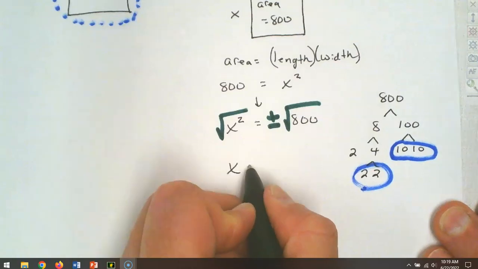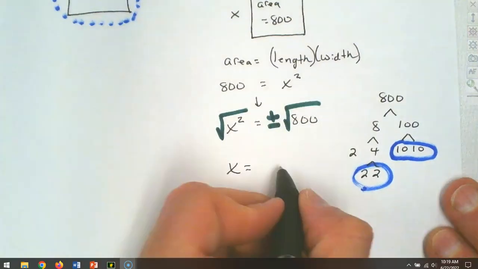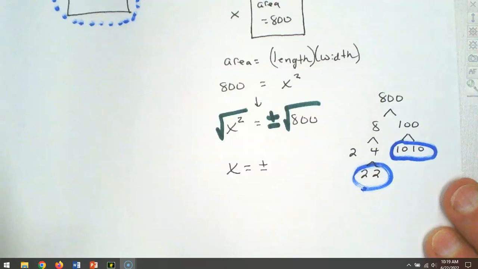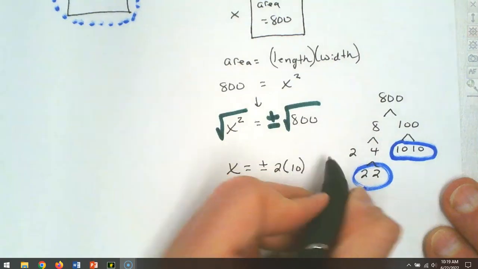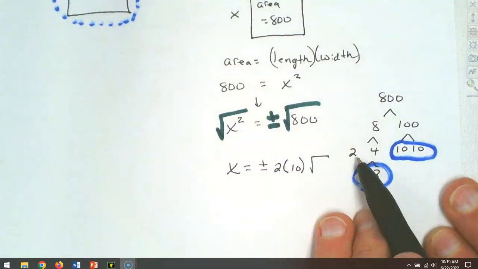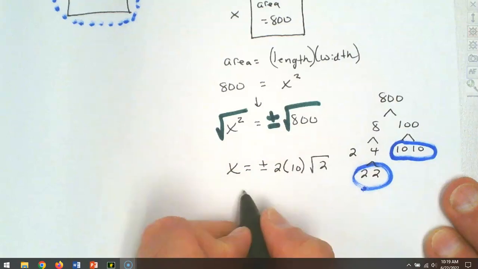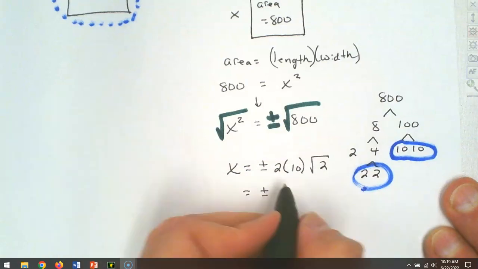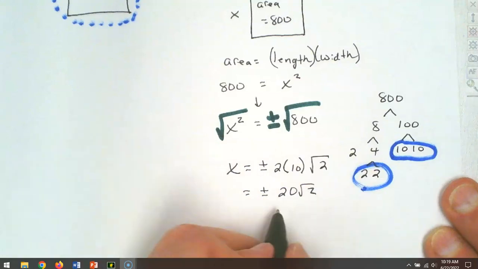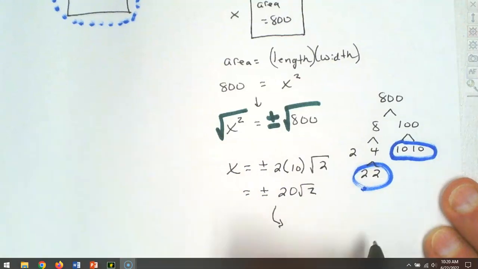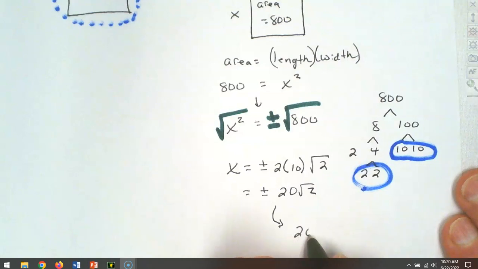So now when we rewrite this, we've got x equals. We're going to keep that plus or minus for right now. And we've got the 2 that came out. We've got the 10. And what's left over that didn't match up with the pair? 2. And that gives us then plus or minus 20 square root of 2. That is then 2 possible solutions.